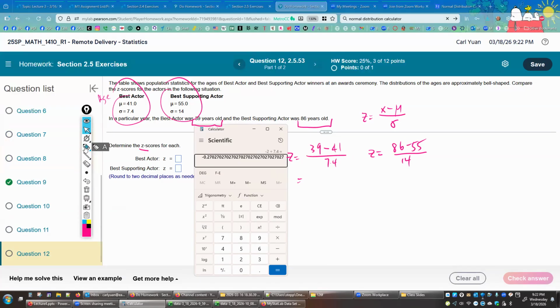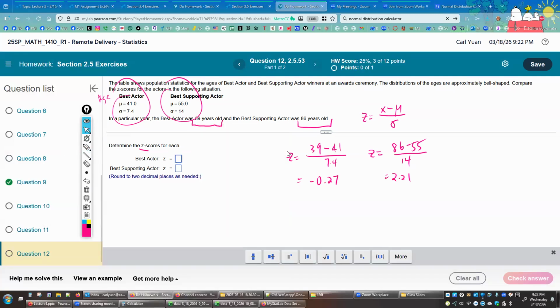They want two decimal places, so minus 0.27. And for the second one, 86 minus 55 divided by 14 gives us 2.21. So for the best actor, we put in minus 0.27, and for best supporting actor, 2.21.